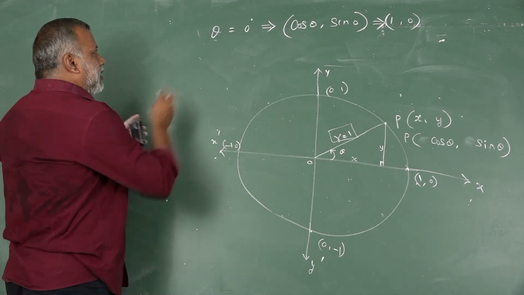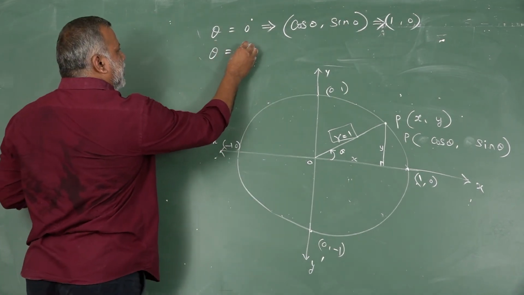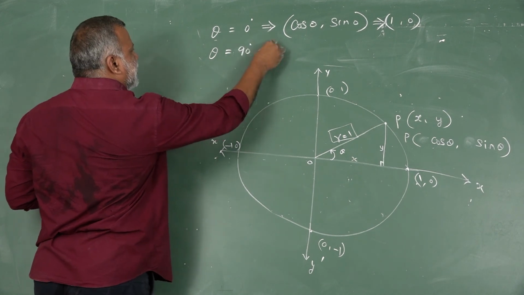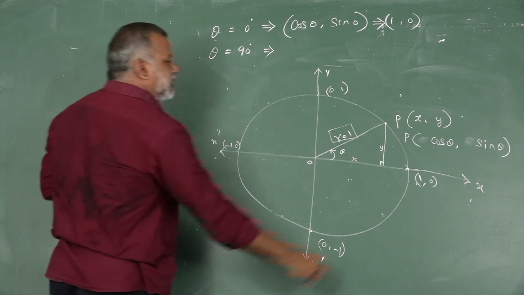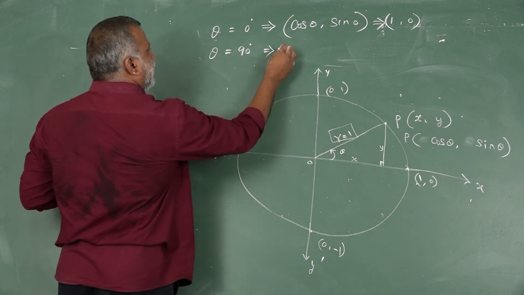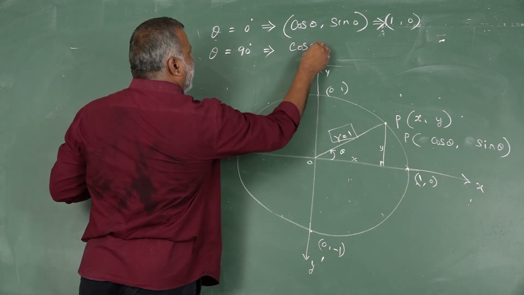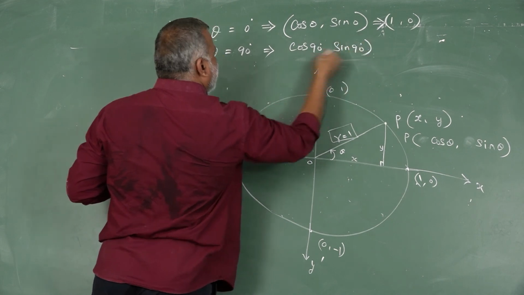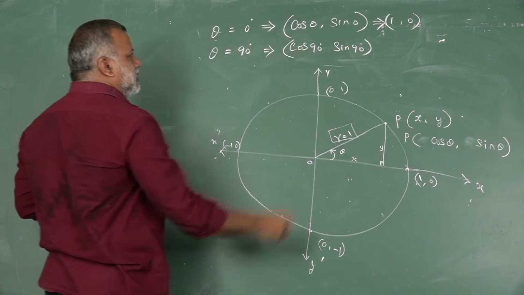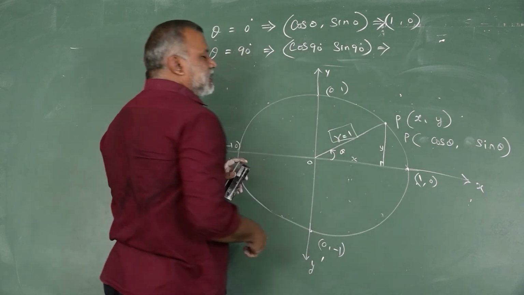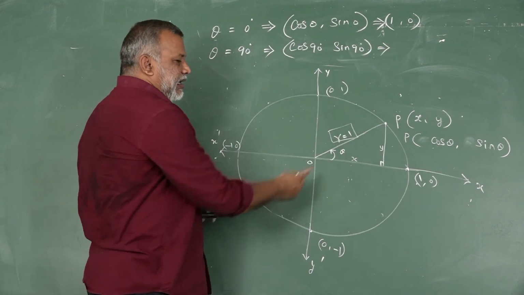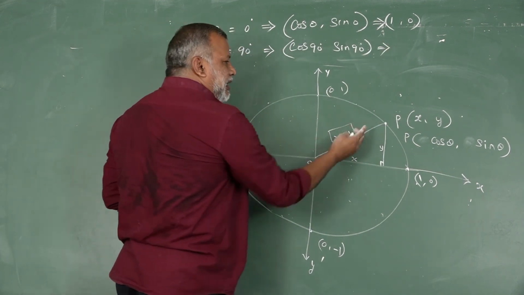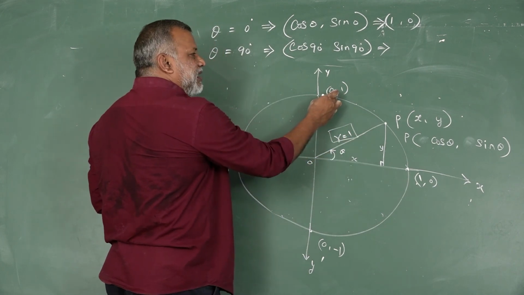In the same way, listen, theta equal to 90 degree. Replace this theta. So now cos 90, comma sin 90. That means theta becomes 90 degree, meaning this terminal side OP coincides with this point.